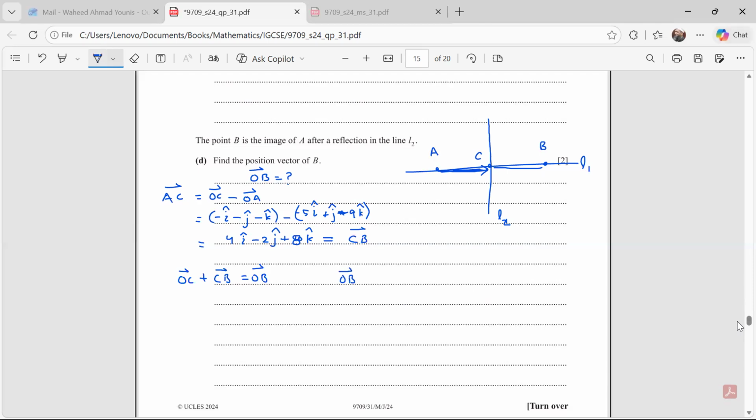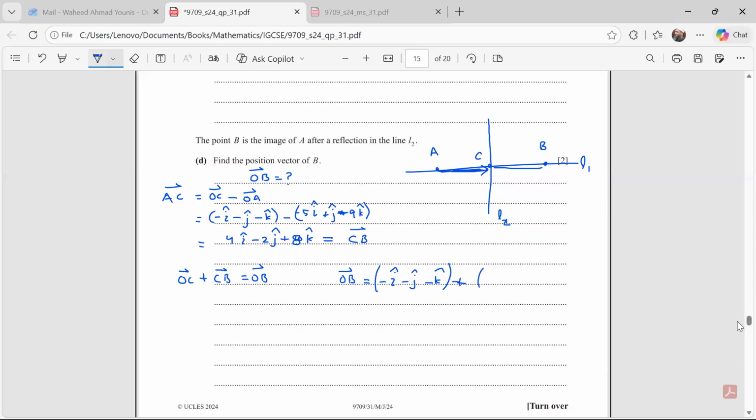So OB vector is going to be OC. And OC is the position vector of C, which I wrote here as well, it is minus i minus j minus k. So this is OC, plus CB, which I already wrote here.